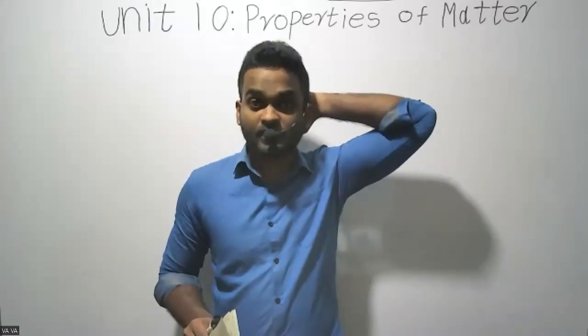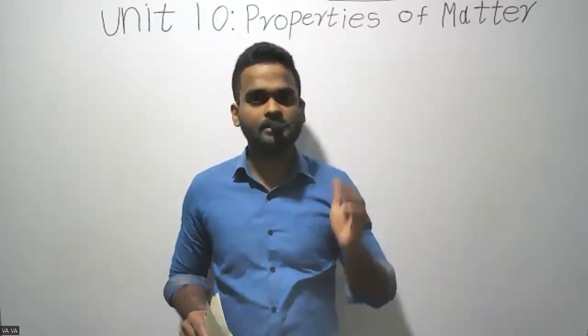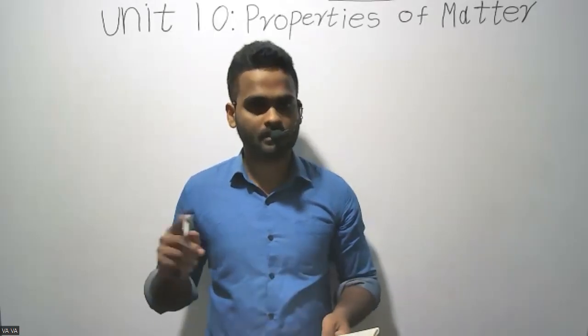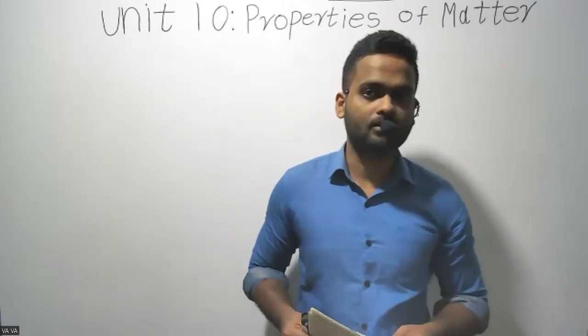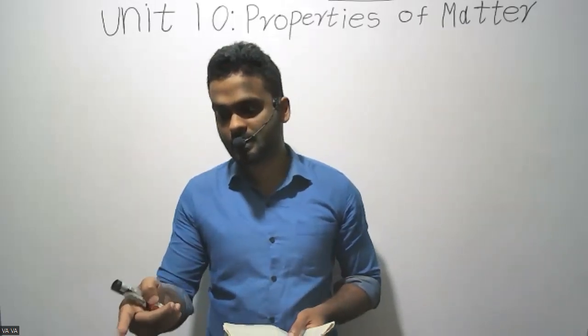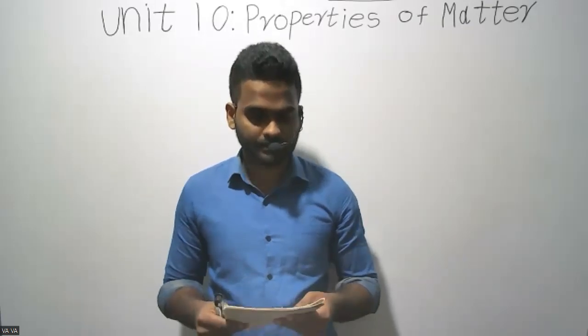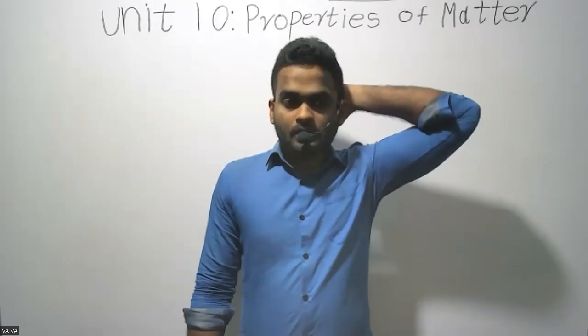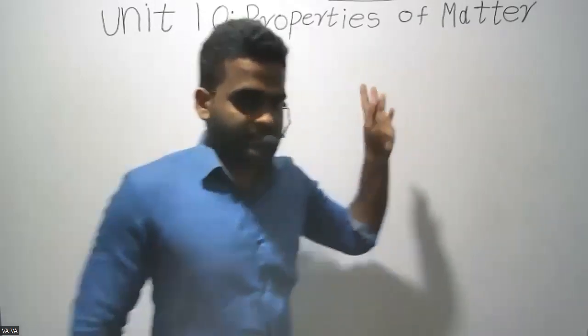So the first part we are going to talk about is elasticity, which includes, I think everyone has downloaded the tute, those who didn't get the tute from the mail. Right. So the first part is elasticity.